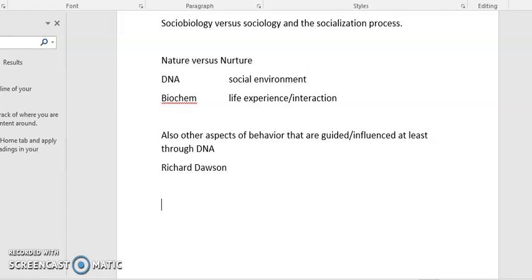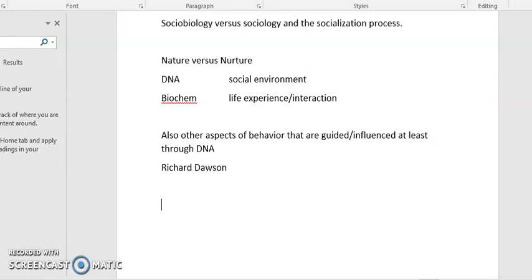But it's important for us, as sociologists who lean more toward the socialization process as being the most important influencer of human social behavior, it's very, very important for us to study the opposite point of view, so that we can come at our point of view from a holistic approach, trying to understand all aspects of it from all angles we can approach it.